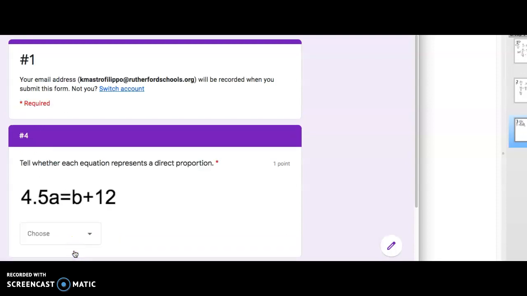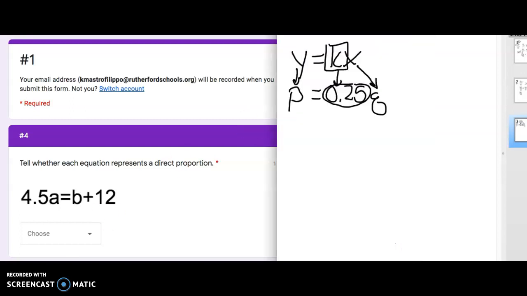All right, moving on here. My next equation, I have 4.5a equals b plus 12.